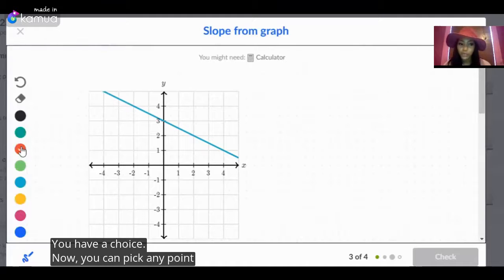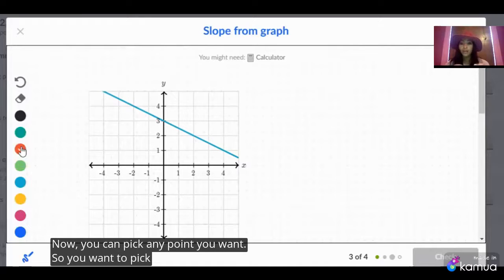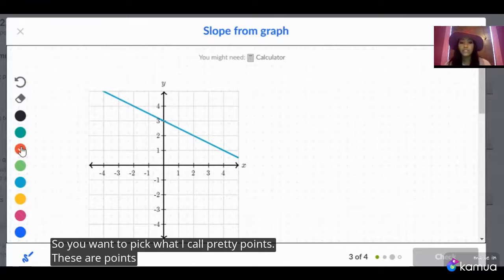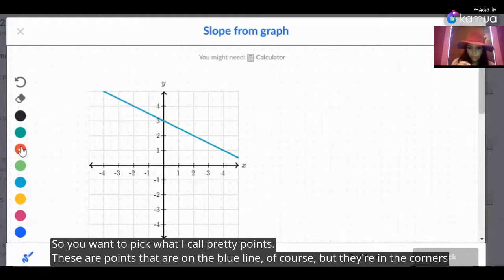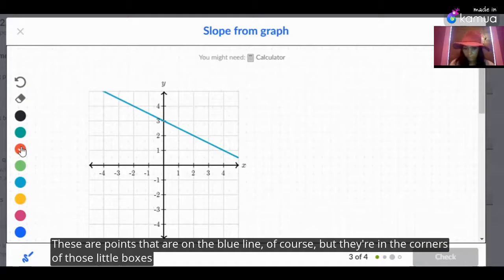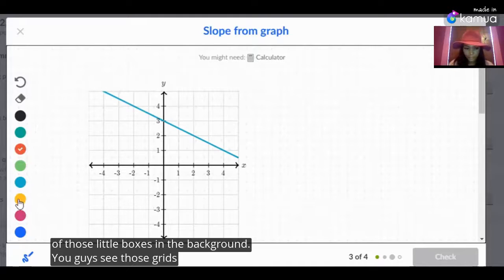You can pick any points you want. So you want to pick what I call pretty points. These are points that are on the blue line, of course, but they're in the corners of those little boxes in the background. You guys see those grids in the background right here?